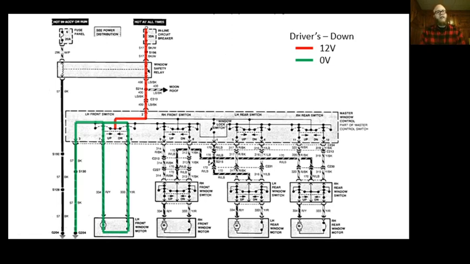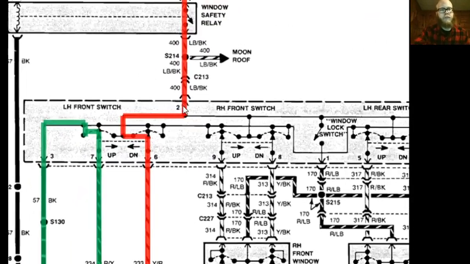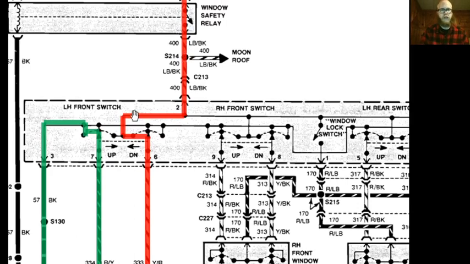So let's actually look and see what power flow looks like when this rolls down. So in the master switch, you see the arrow pointing in the down direction. Let's blow this up. Power is supplied here at this middle pole. We want to roll the window down, so I hit the switch and it moves this wiper, and you see the dashed line between the two showing that they're both connected, so they both move one notch to the left.